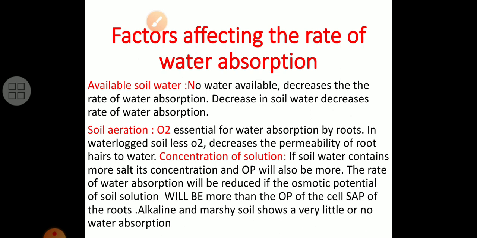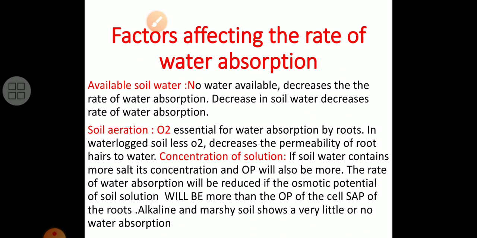Decrease in the soil water decreases the rate of water absorption. One word you must always keep in mind, my friends, is optimum. An optimum level of water should be present in the soil, then only the exact required rate of absorption of water will be found in a plant.